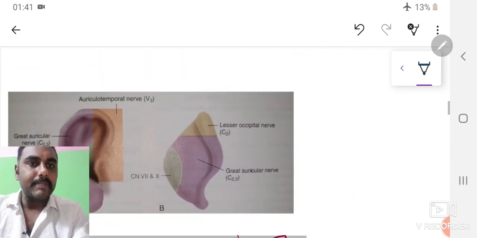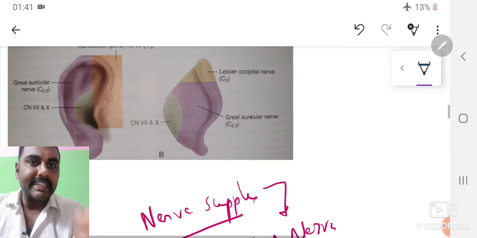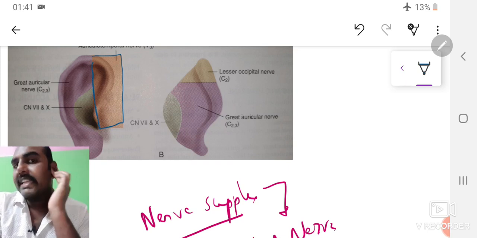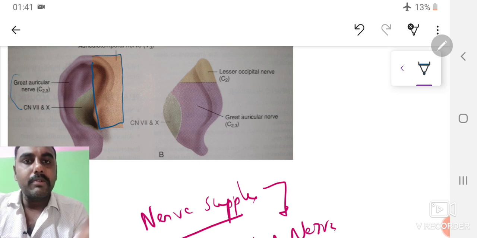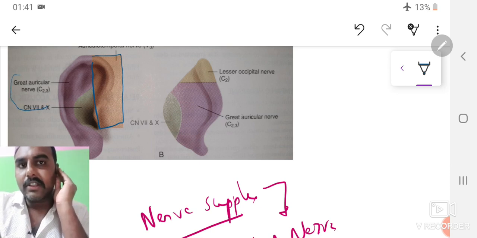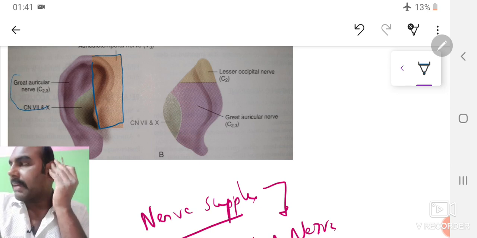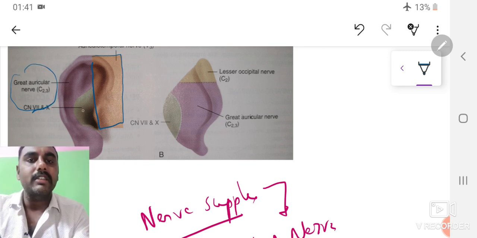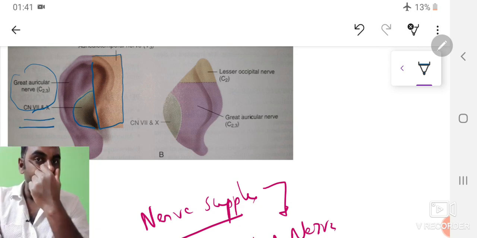The auriculotemporal nerve supplies the lateral aspect in the front part. In this area of the lateral aspect, it will be supplied by the greater auricular nerve. It is the concha alone which is supplied by the vagus nerve and the seventh nerve.